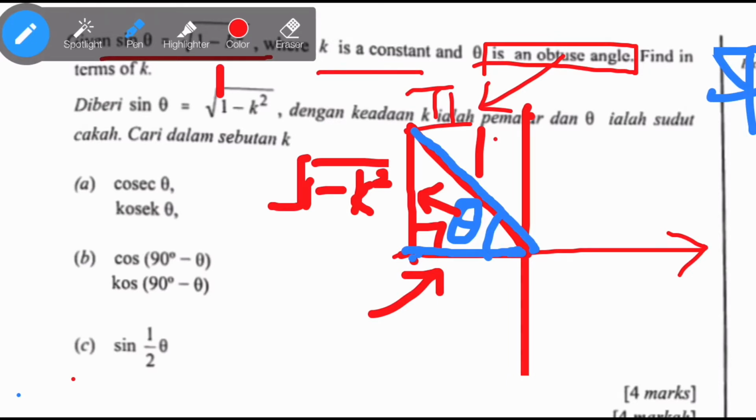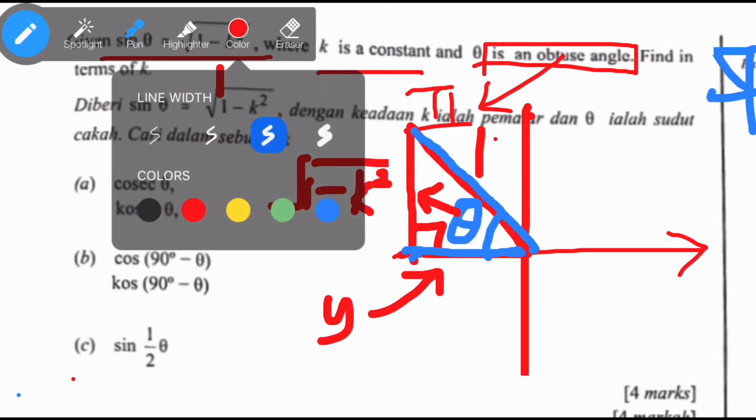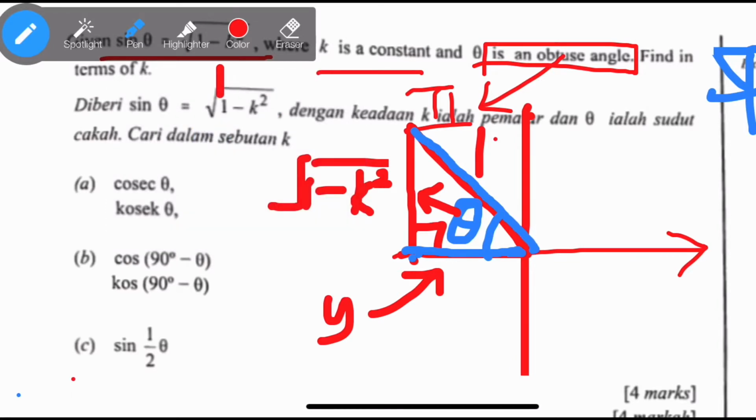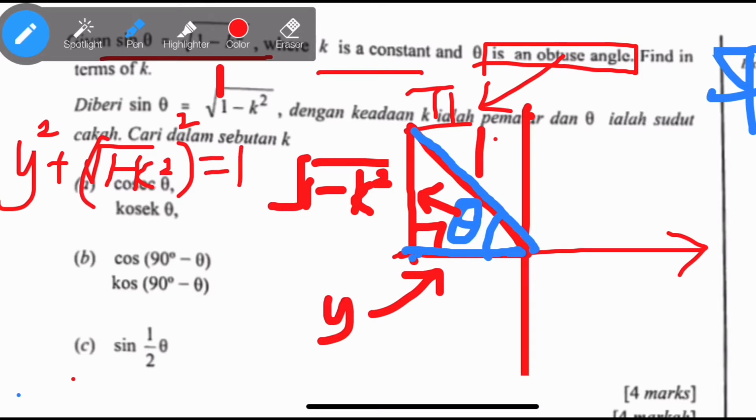Then we have to find the other side, so we use Pythagoras theorem. Trigo is always something to do with the right angle triangle and the Pythagoras theorem.